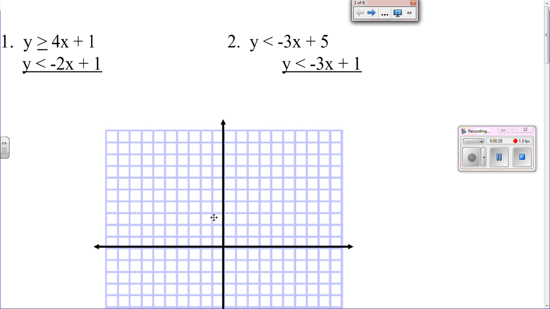Okay, first, it's y is greater than or equal to 4x plus 1. So you're going to go up 1, make a dot, and then from there you go up 4 and right 1.